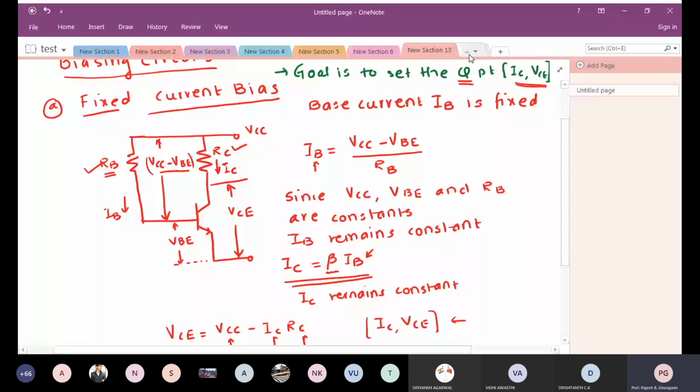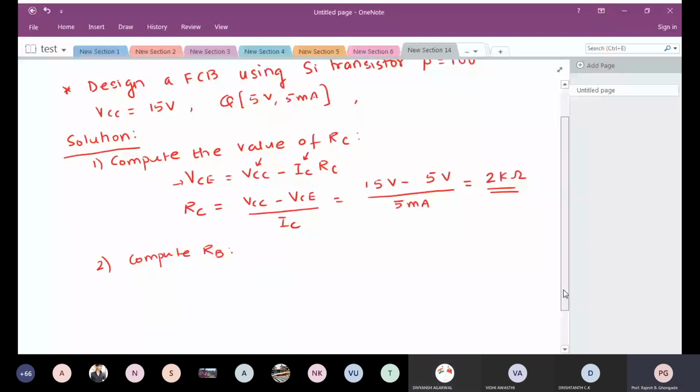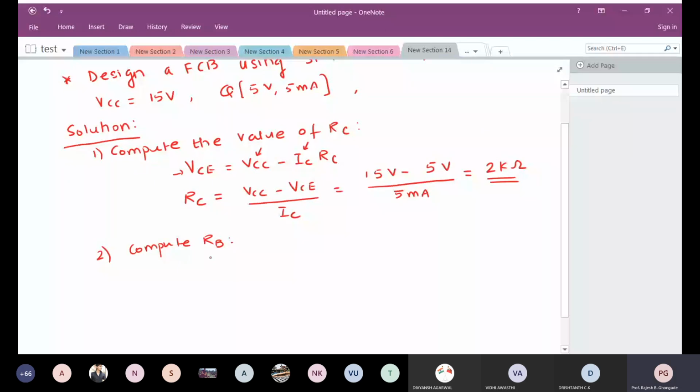So next, compute RB. How do you do that? Now we know IB is equal to IC by beta. So I can find out IB as 5 milliamperes divided by beta, which is given as 100.